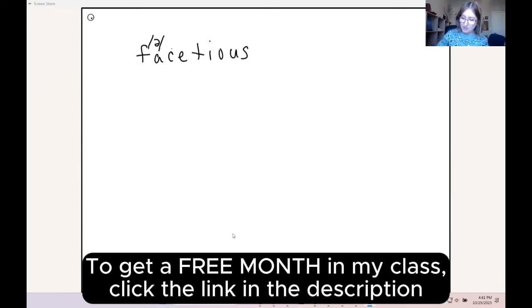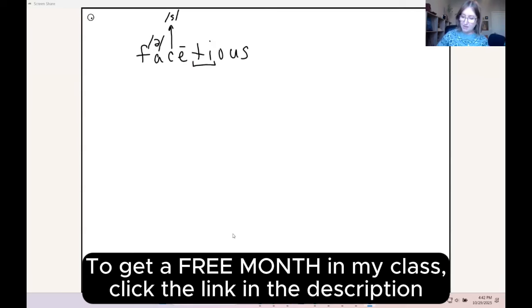This C is going to be making its soft sound, S, because there is an E, I, or Y after it. This E is going to be making its long sound, E, because there's another vowel in the next 1 or 2 spots.